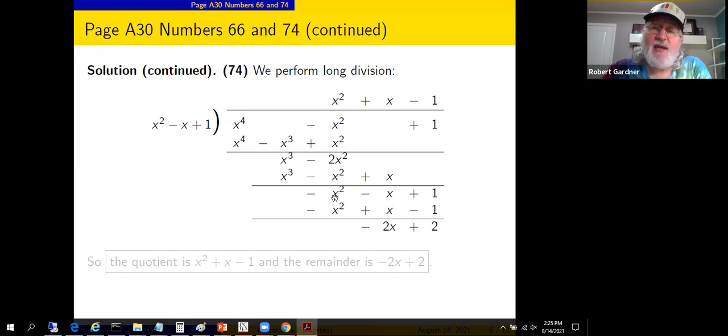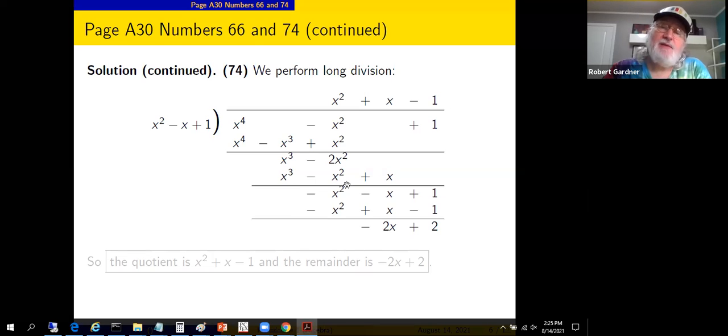Now we're dealing with a second degree polynomial. So we'll bring down the constant of 1. How many times does x squared minus x plus 1 divide this? I want to get a negative x squared, so we'll take a negative 1 up here. Negative 1 up here times this produces a negative x squared. It also produces a plus x and a minus 1. All right.